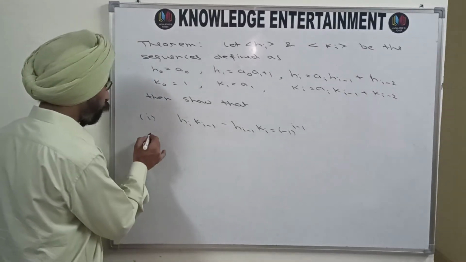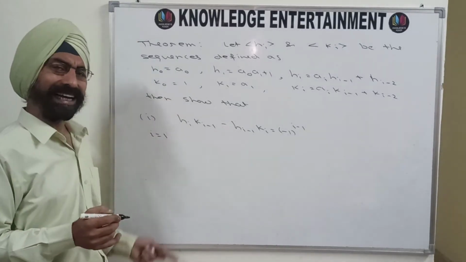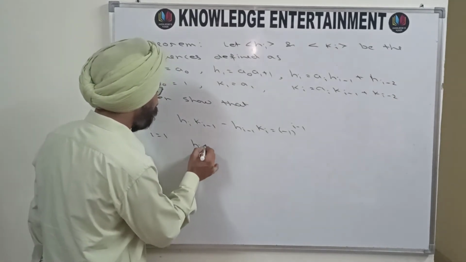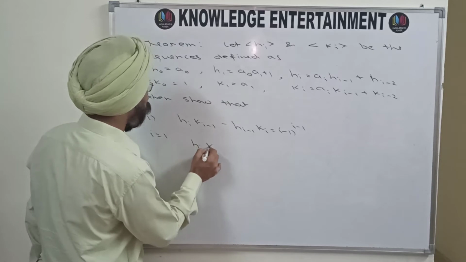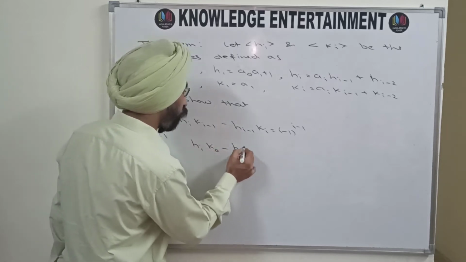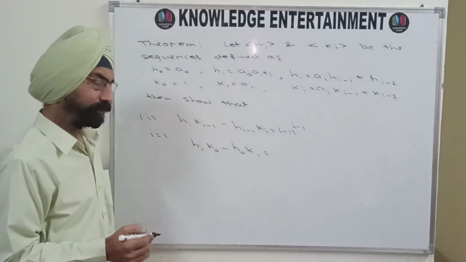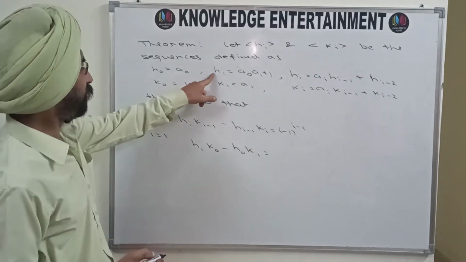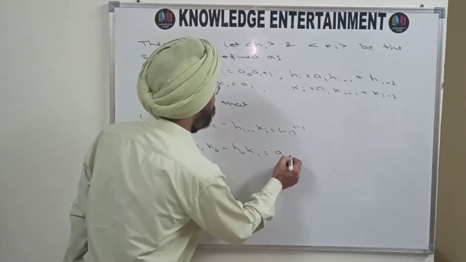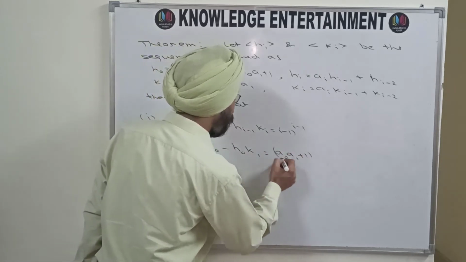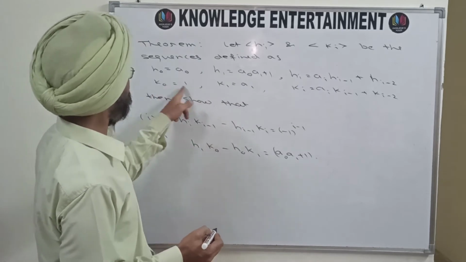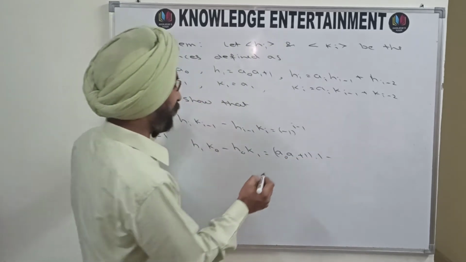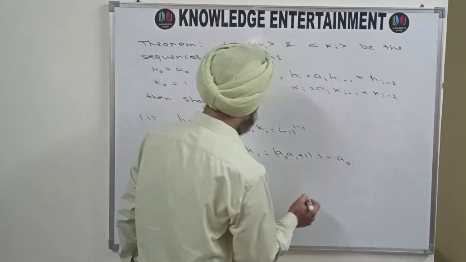For i equal to 1, your left hand side is h1 k naught minus h naught k1. It is not h, it is h1. Your h1 is a naught a1 plus 1 into k naught. Your k naught is 1, minus h naught is a naught into k1.